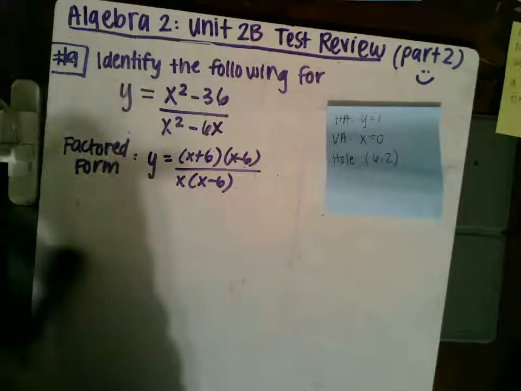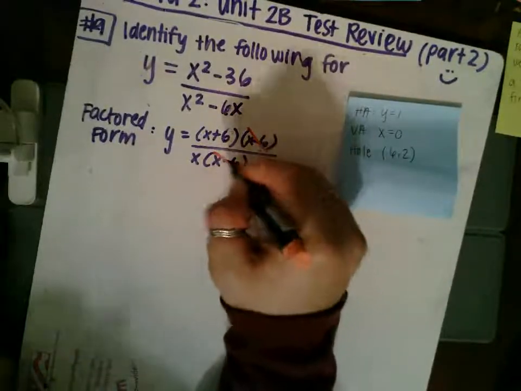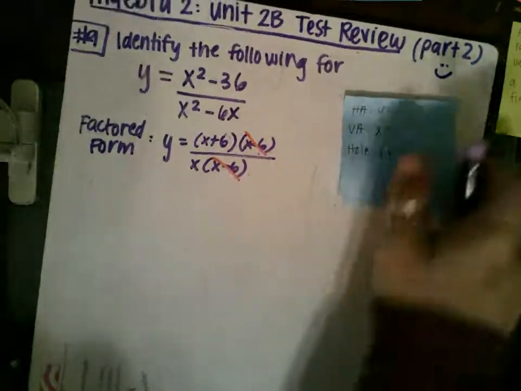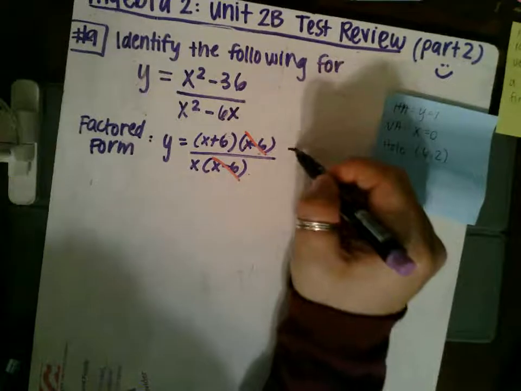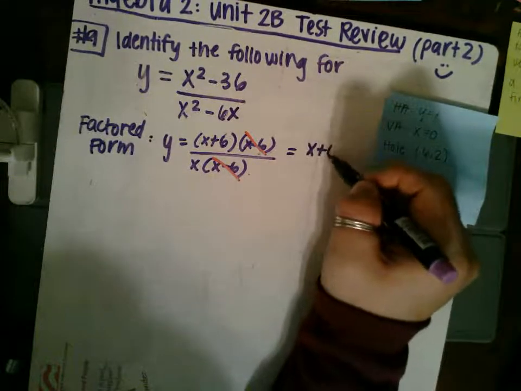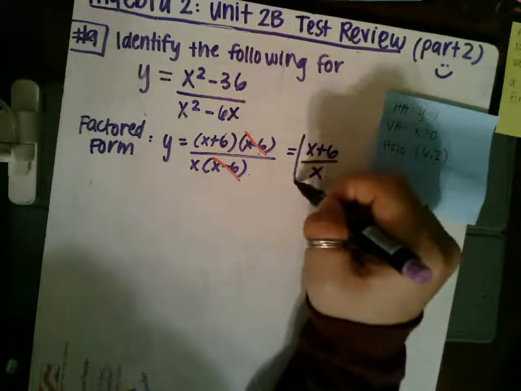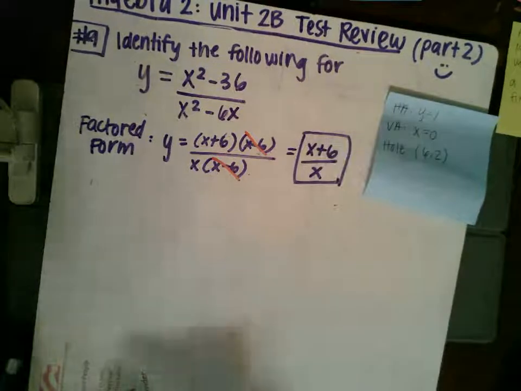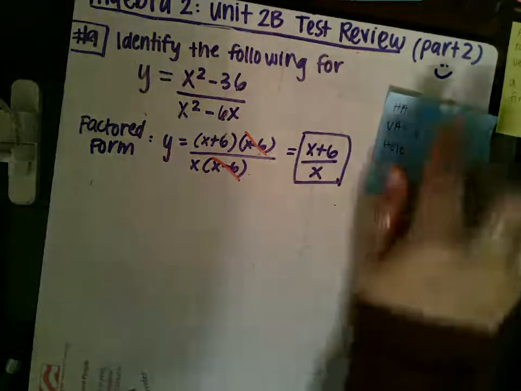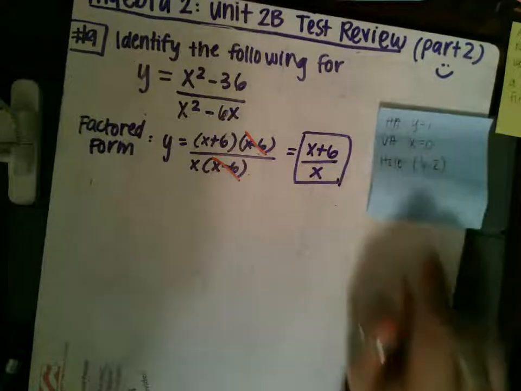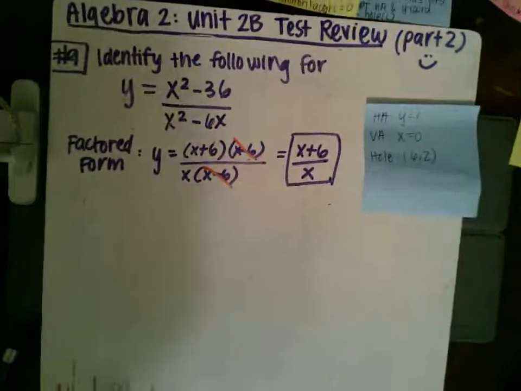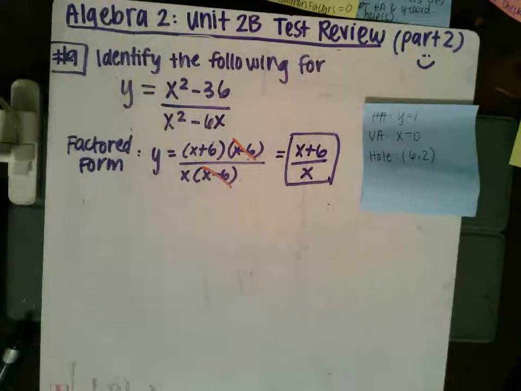The reason we had the hole was because these factors cancel perfectly, leaving us with our reduced form, x plus 6 over x, as the equation that we graph, with a horizontal asymptote of 1, vertical asymptote 0, and hole at 6, 2.